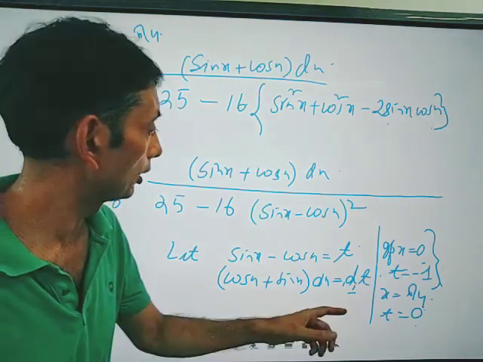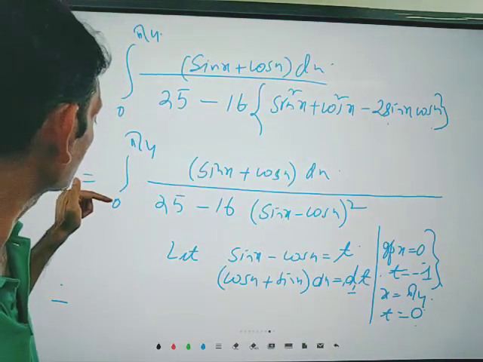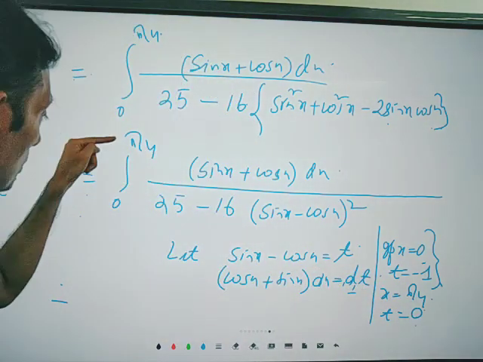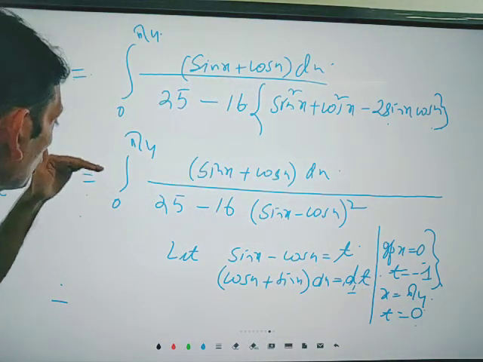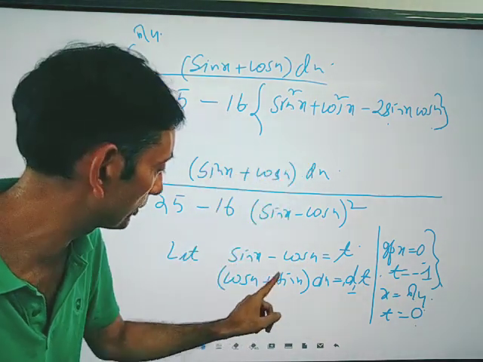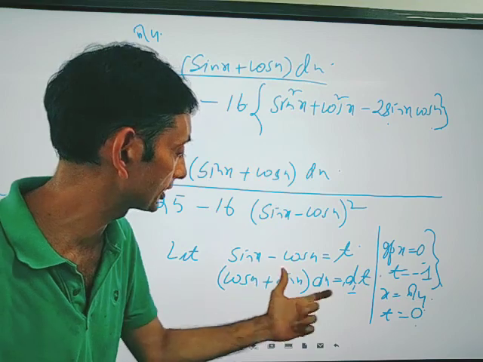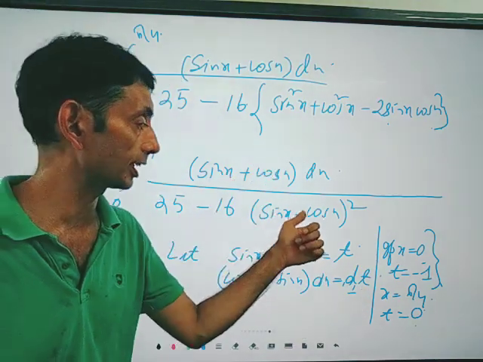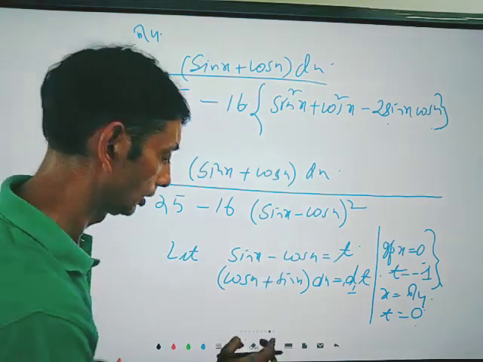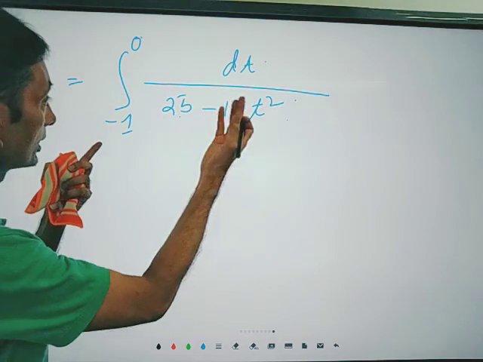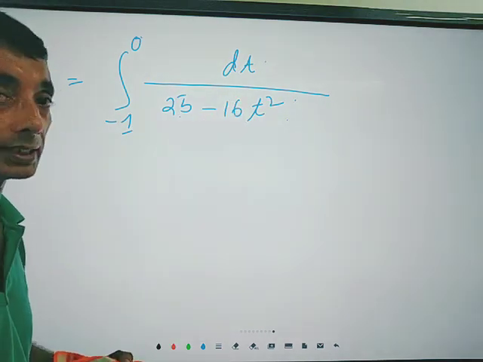When x equals 0, t is equal to minus 1, and when x equals pi by 4, t is equal to 0. So the limits go from minus 1 to 0, and sin x plus cos x dx is equal to dt. So it's dt over 25 minus 16 times sin x minus cos x squared, which is t squared. So we have minus 1 to 0, dt over 25 minus 16 t squared.